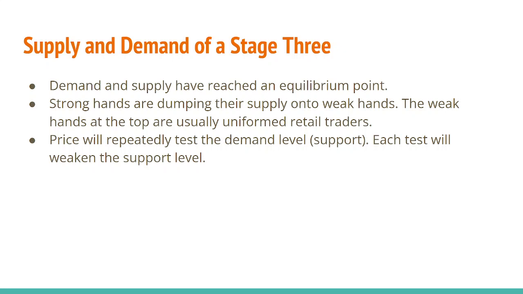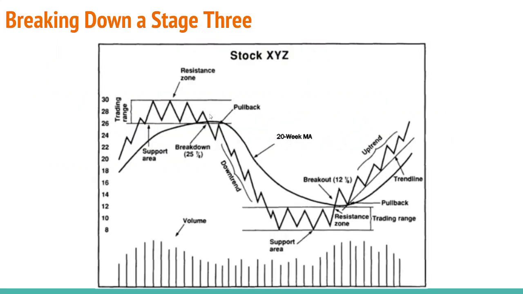And then finally, price will repeatedly test the demand zone, the support level, and each test is going to weaken that support level. So going back to our chart, let's say this $26 range is our support. That's going to be our demand zone in this Stage 3. So each time price comes into this 26 level, you're going to have buyers stepping in, and they're going to introduce demand onto the stock, and that's what's going to propel it higher.